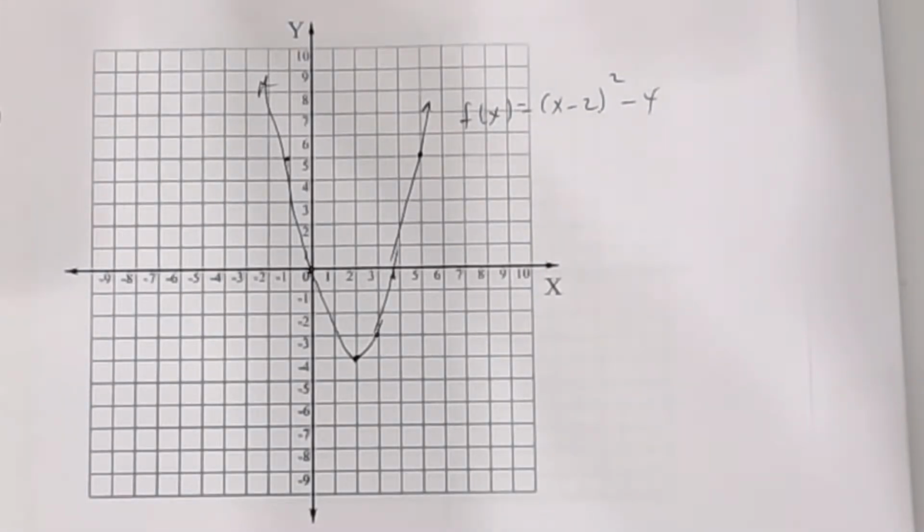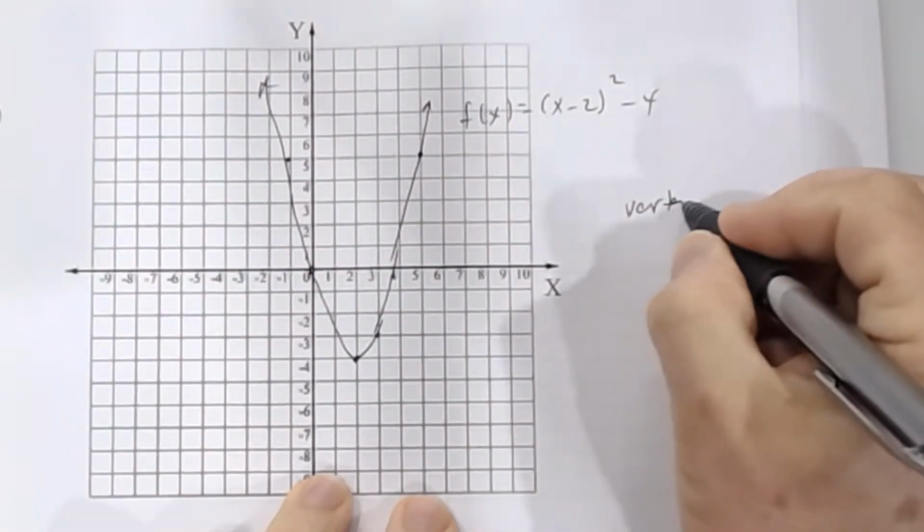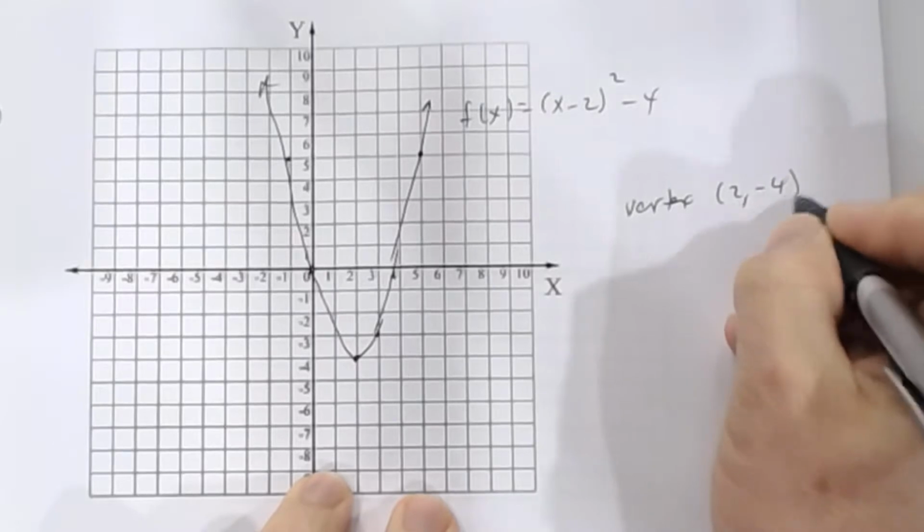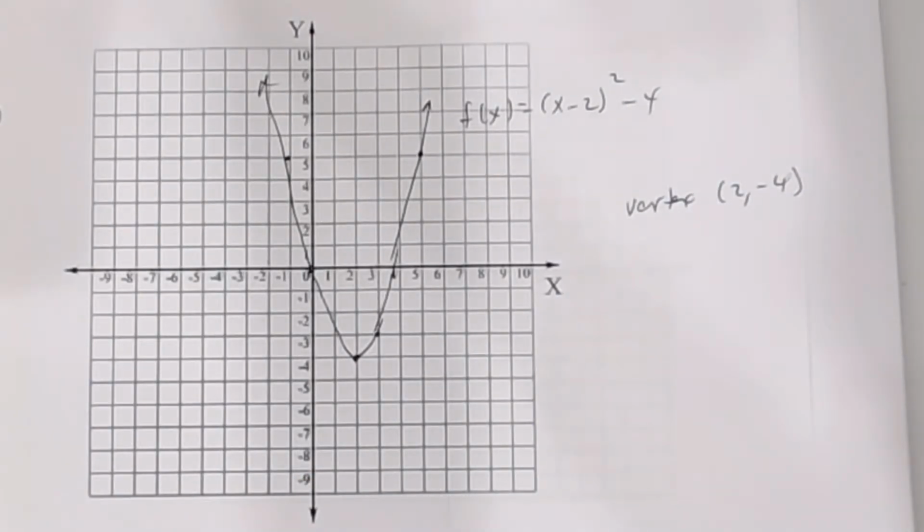Okay, now what is the vertex in this case? 2, negative 4. 2, negative 4, right? So y'all agree that the vertex is 2, negative 4. Remember, when you label a point, you put the parentheses.